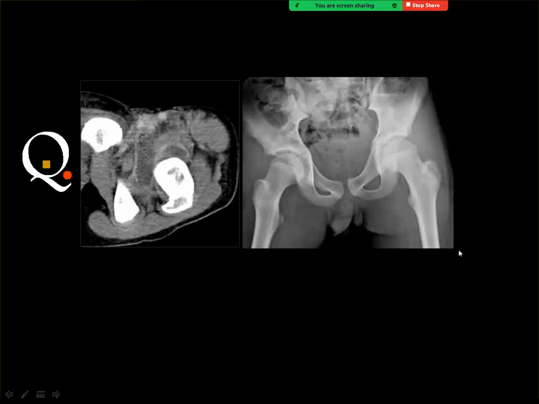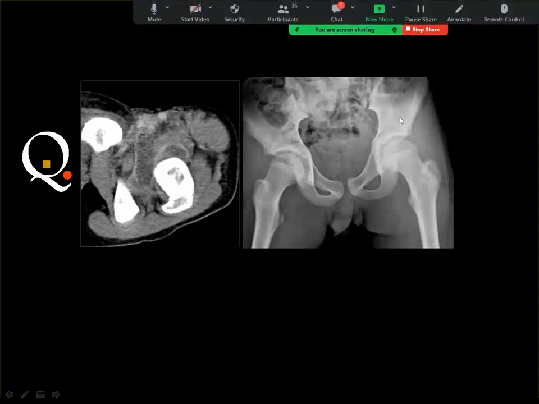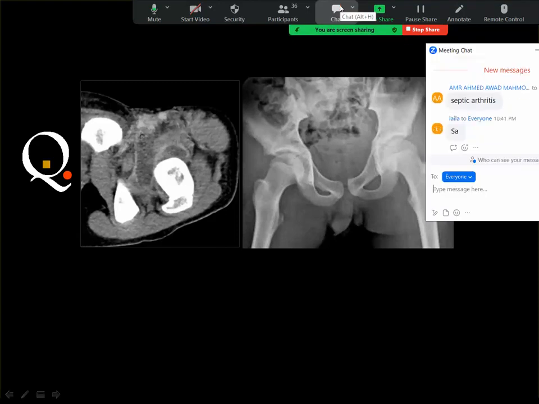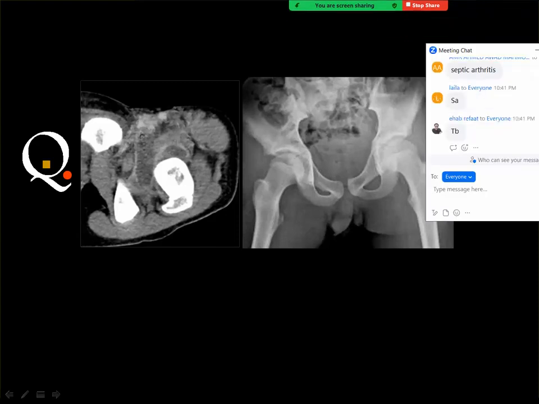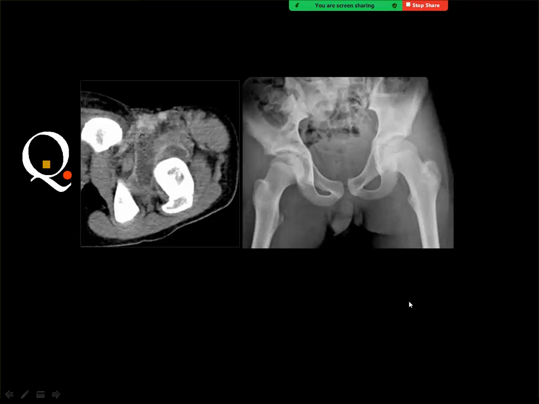Next case is X-ray of the pelvis and the hip joints of a child, and also a selected image from contrast enhanced CT of the same case. Yes, and this is septic arthritis of the hip.